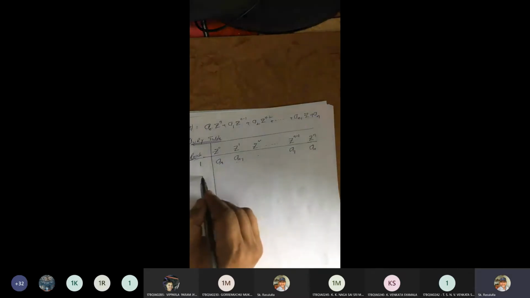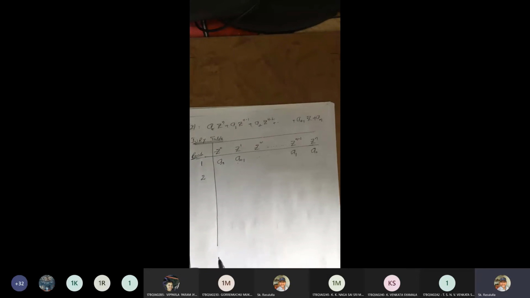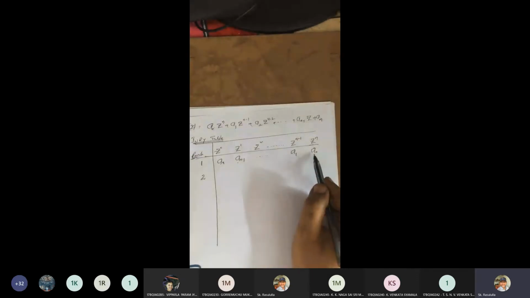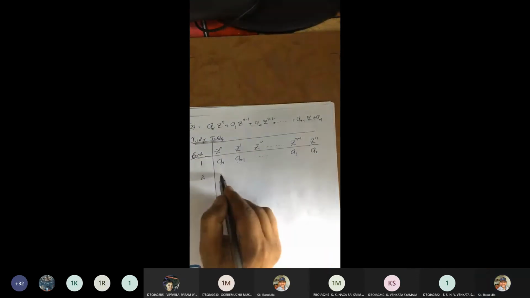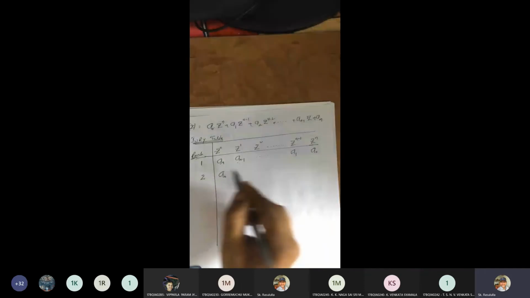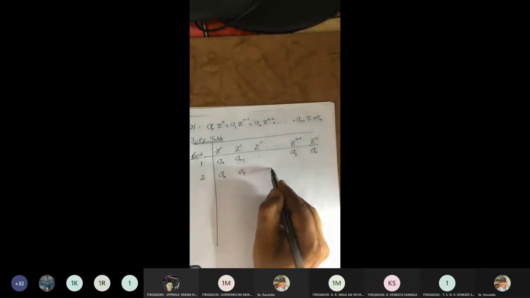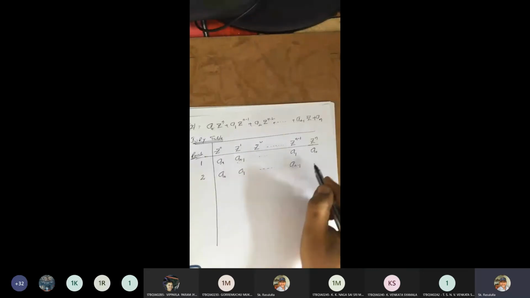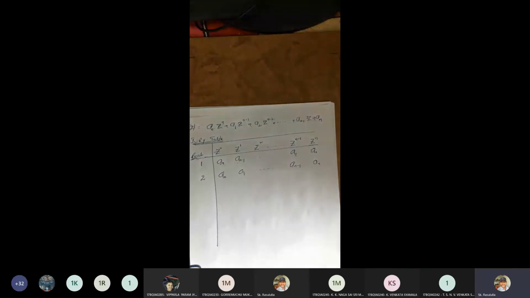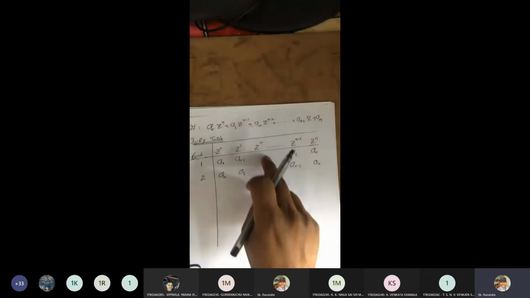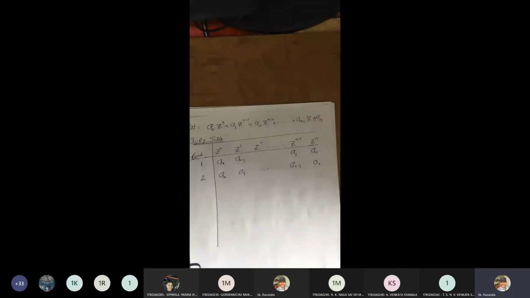Then in the second row, you just take the first row and write it in reverse order: a0, a1, then an minus 1, an. In the Routh criterion it was different, we wrote alternate terms. Here we write all the terms in the first row, then all the terms in reverse order in the second row. So the first two rows come directly from the problem.